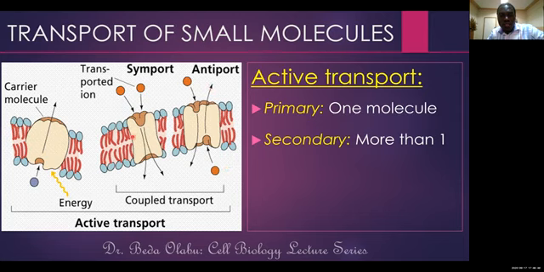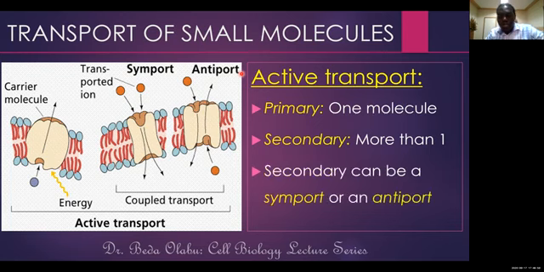If they're moving in the same direction, then we use the term symports. If they're moving in different directions, then you term that as antiports.